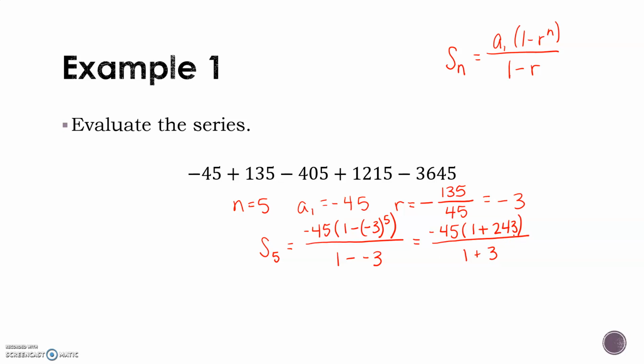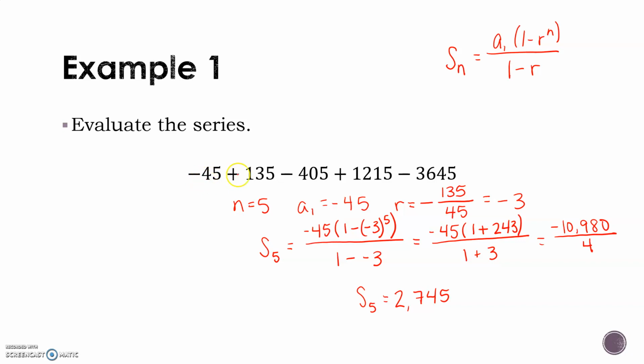So we're going to have negative 45 times 244, which gives us negative 10,980 all over 4. When you divide those, S sub 5 equals 2,745.